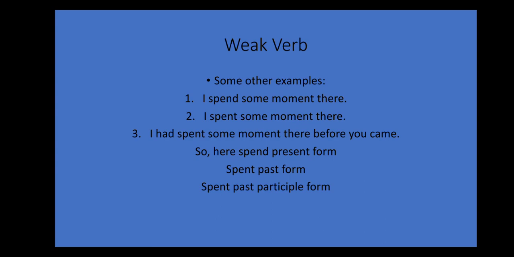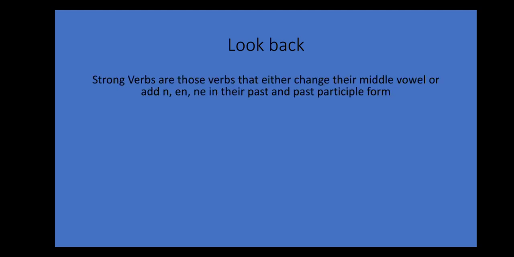In order to understand this properly, we have to look back to our previous class of strong verb. In our class of strong verbs, we know that strong verbs are those verbs that either change their middle vowel or add n or en in their past and past participle form.